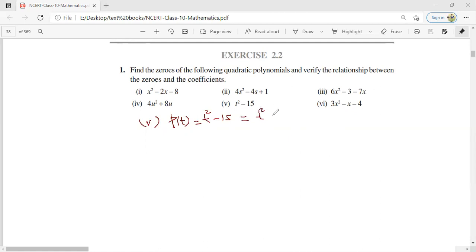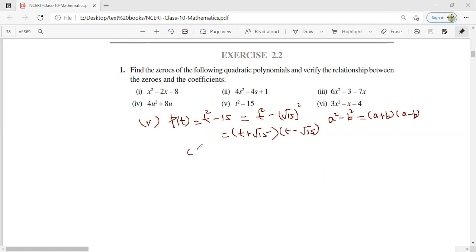It can be written as t square minus under root 15 whole square, because the square of under root 15 is equal to 15. Then we can use the formula a square minus b square is equal to a plus b into a minus b to find the factors, and equate them to 0 to get the zeros. So t plus under root 15 and t minus under root 15.